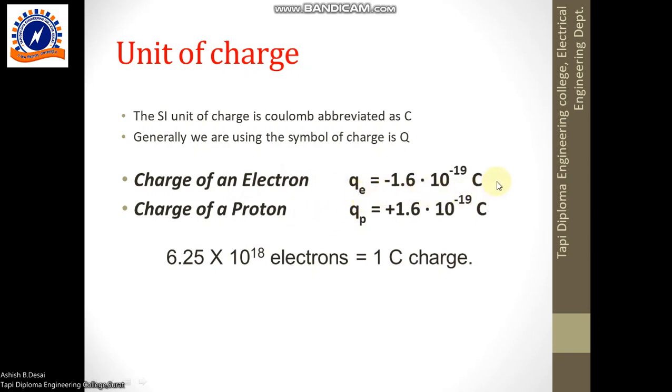Here you can see that the electron and the proton have an equal amount of charge, but they have different signs. The electron has a negative sign, the proton has a positive sign. These negative and positive signs just show their different nature.